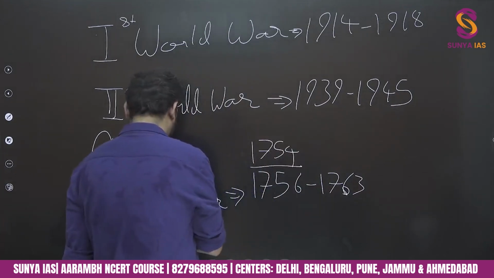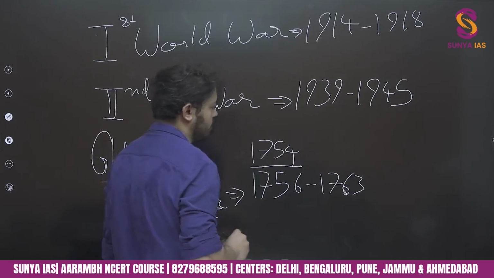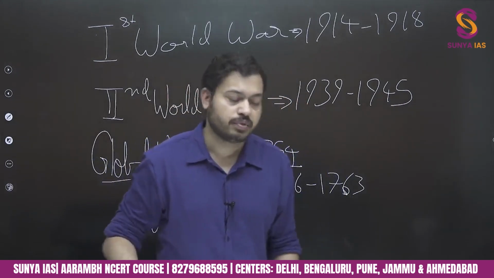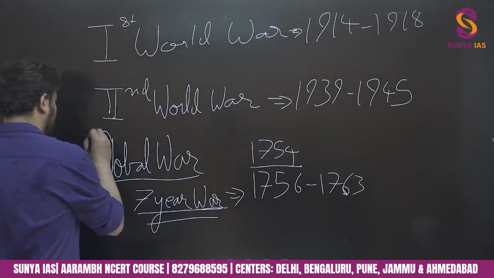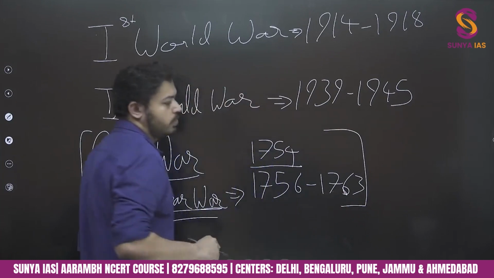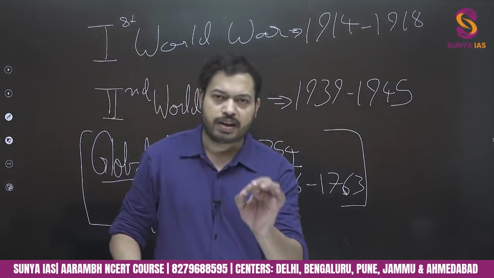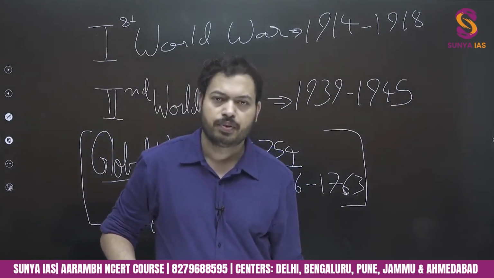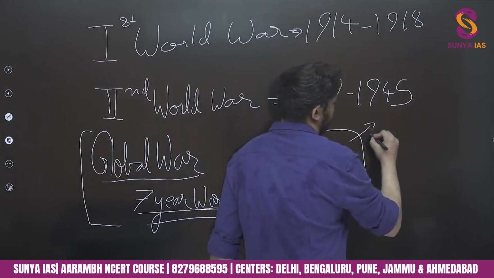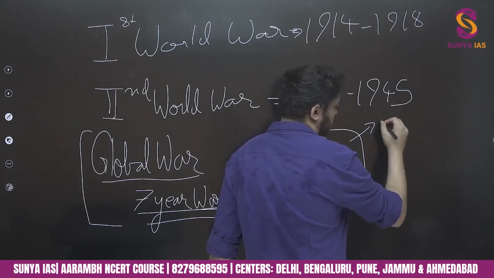That's why, although it's called a Seven Years' War, some people say it lasted for 9 years. Now, this Seven Years' War was fought on 5 continents. Basically, it was fought in what we now call North America.